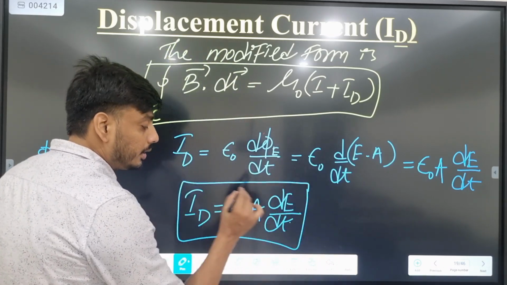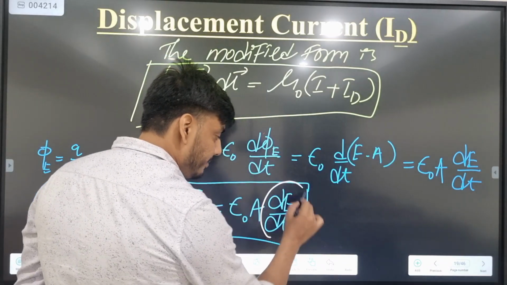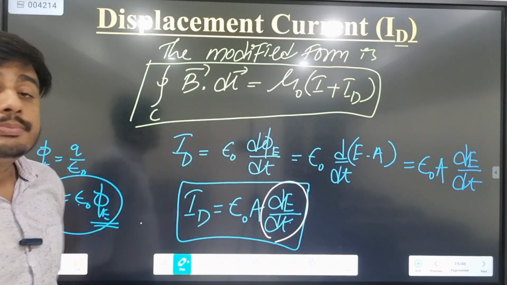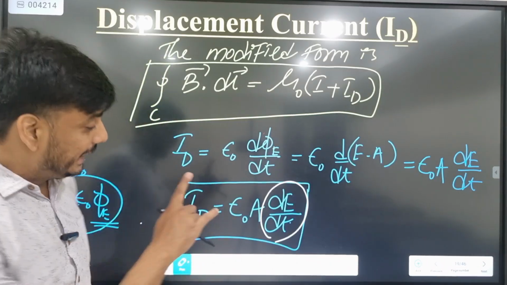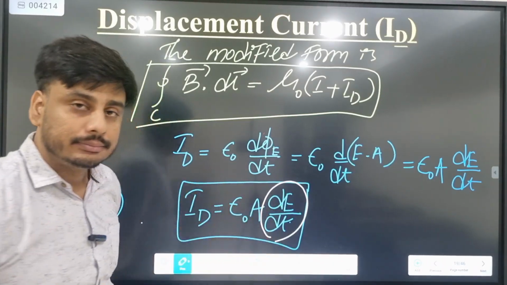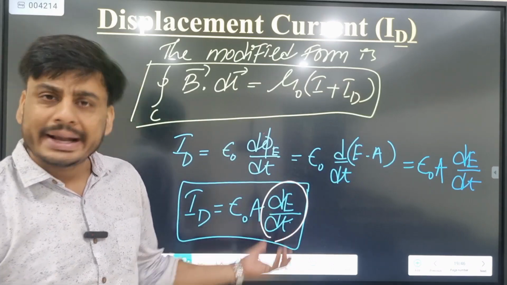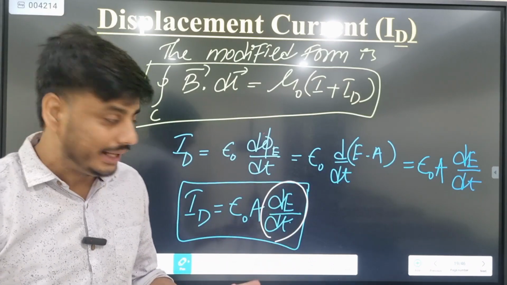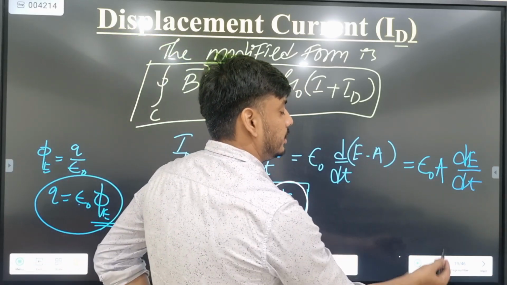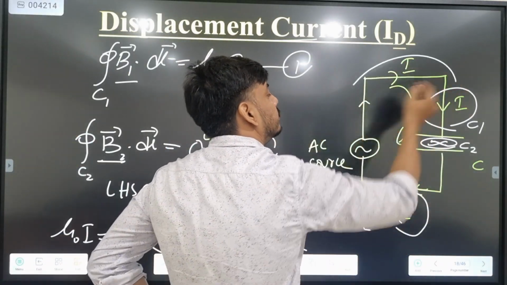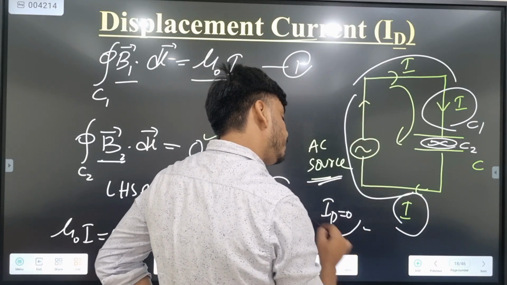Whenever the electric field varies, dE by dt is there. Displacement current exists only when the electric field varies with time. If the electric field remains constant with respect to time, the derivative will be 0. For that reason, over the circuit, displacement current will be 0.